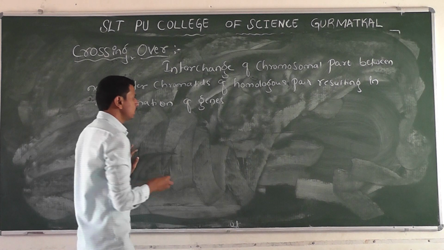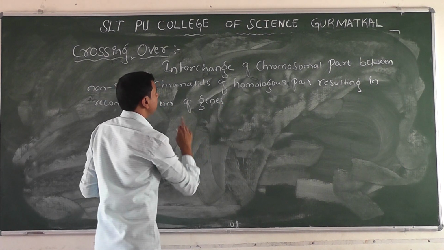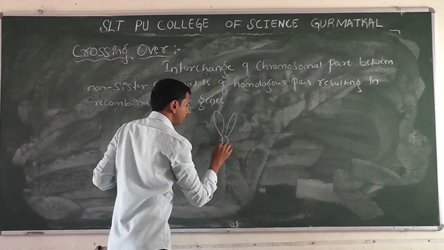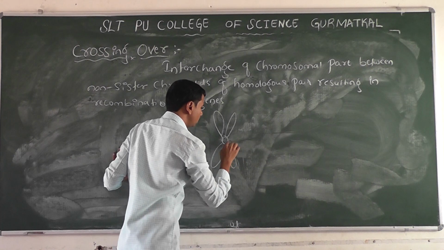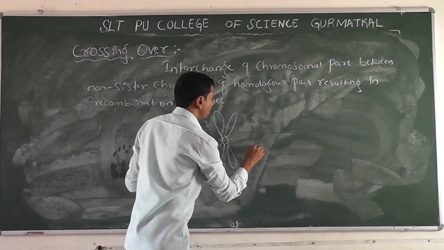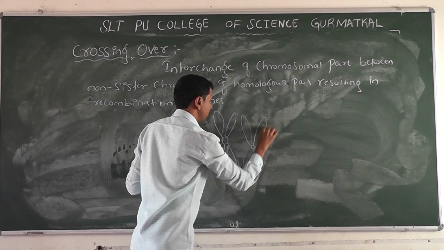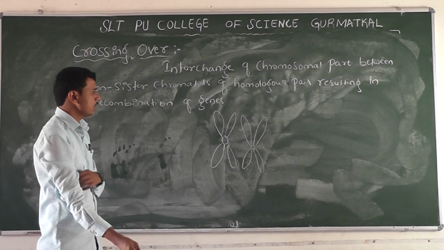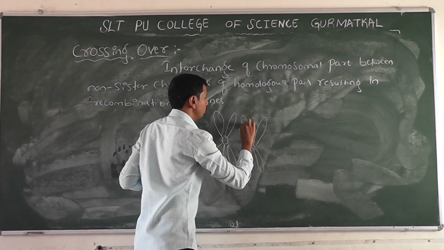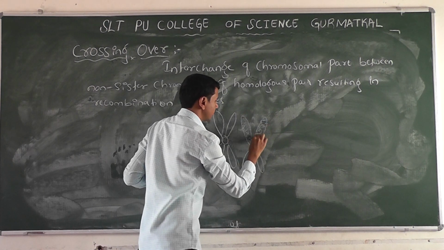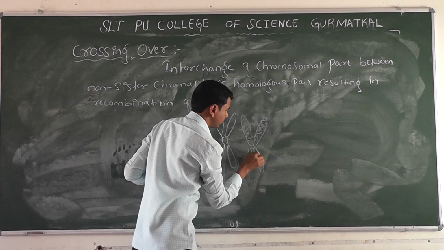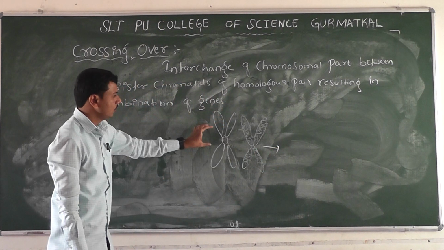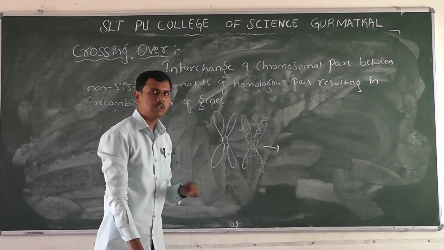First we will concentrate on what happens in crossing over. If we consider there are two non-sister chromosomes, let's shade this one. This is one chromosome and this one is another chromosome.